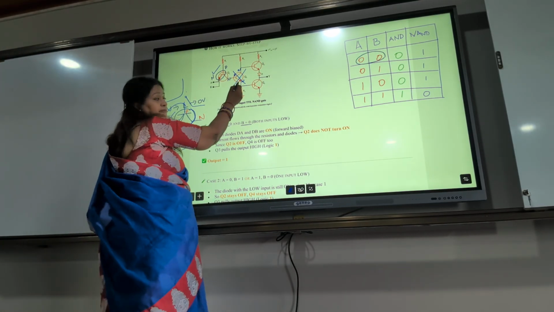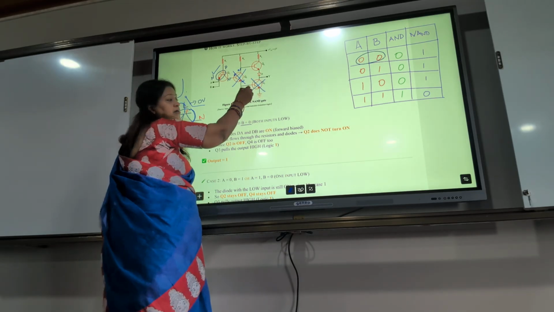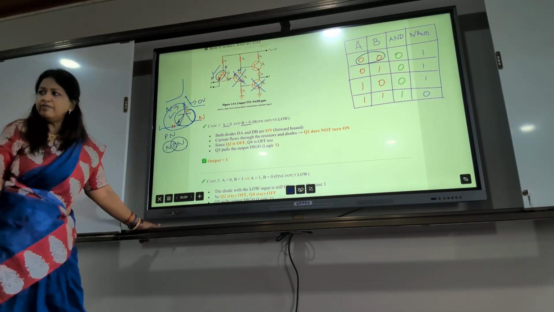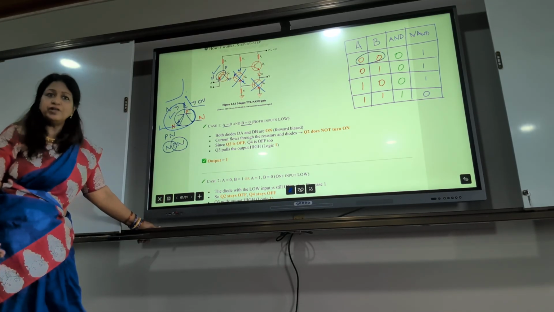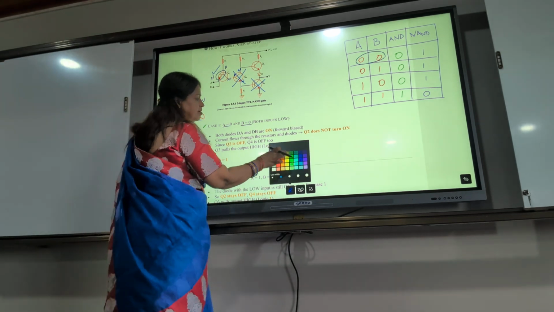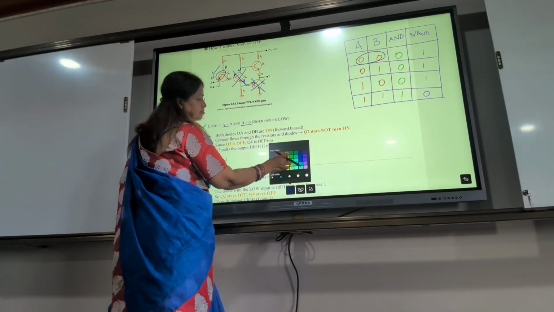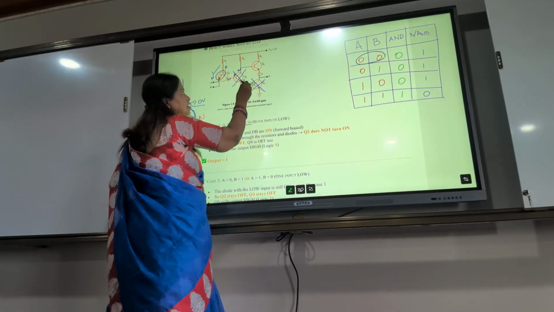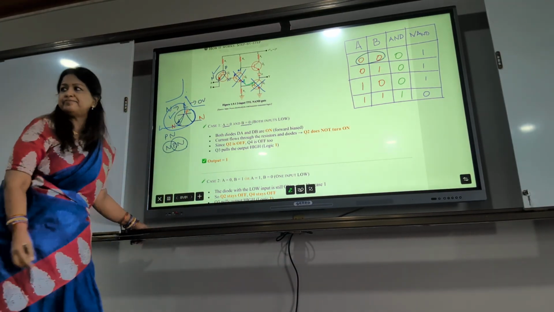Since Q2 is off, Q4 is also off, because the current will not flow. Q2 should supply the current through the emitter to the base of Q4. Since there is no flow of current, this is also off.